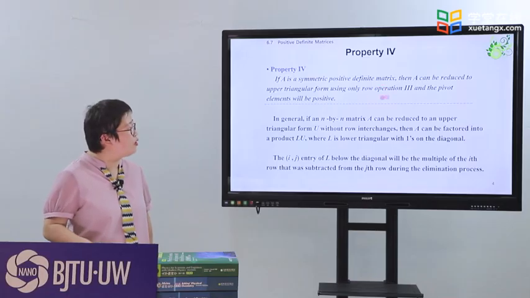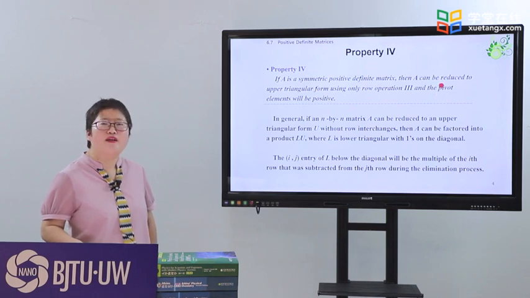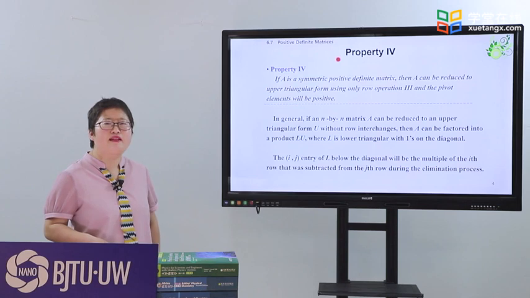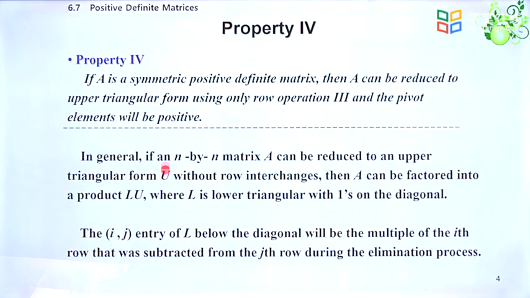We also have the corresponding pivot element greater than 0 using the property of a positive definite matrix. Then we can do only the third type of row operations to transform this matrix to upper triangular form. So we can do it like this.